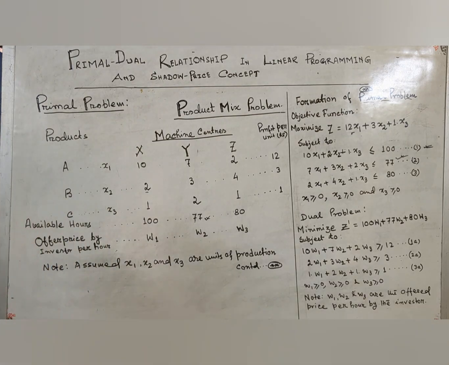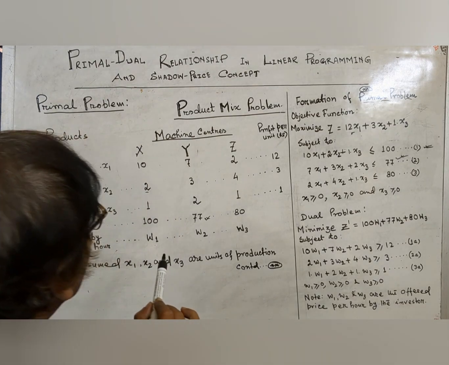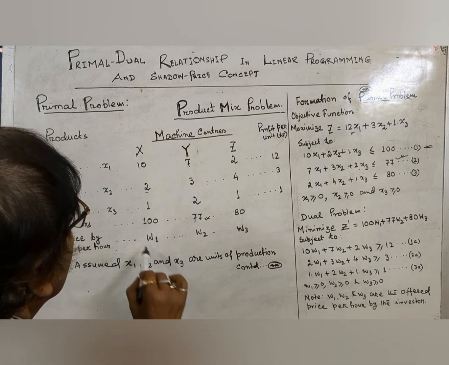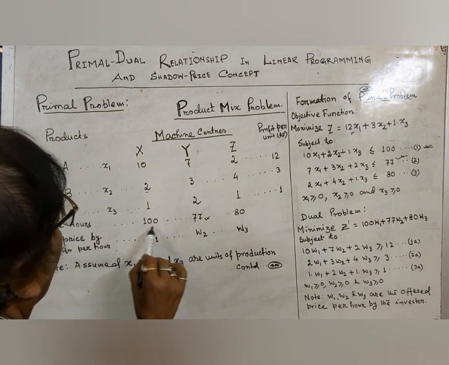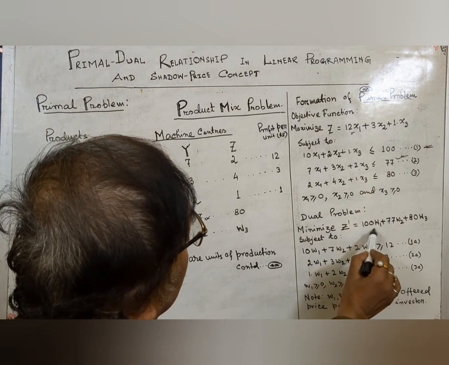Then what will be the situation? The total investment from the side of the investor will be 100 into W1, because W1 is the cost per unit of the resources X, and total resources are 100.